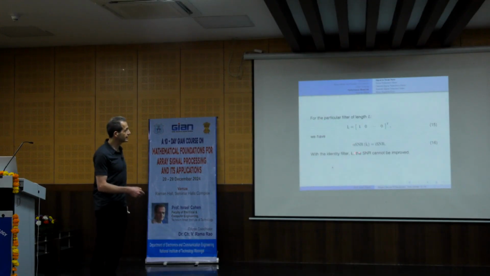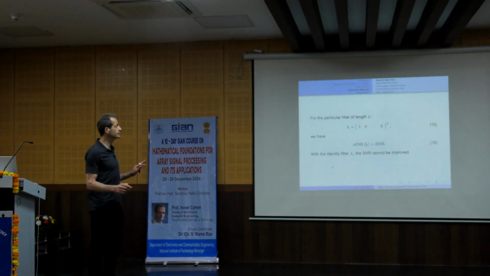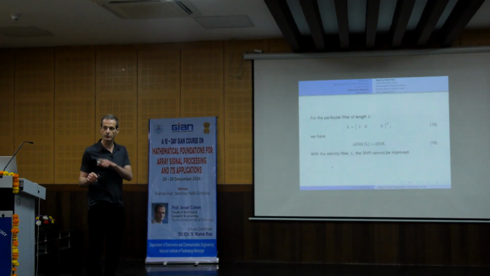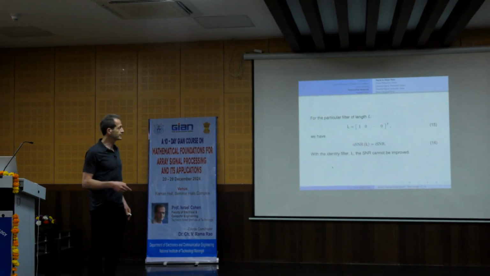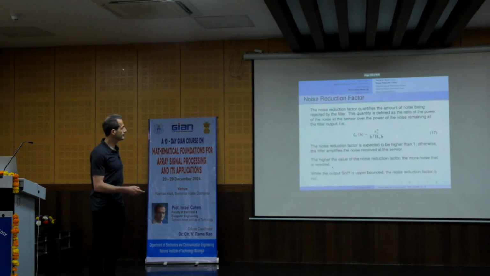So the output SNR will be the same as the input SNR, because I didn't change anything. I keep the original measurement as is. Do I have distortion in the measurements? No distortion. But I didn't reduce any noise. So the output SNR remains as the input SNR.